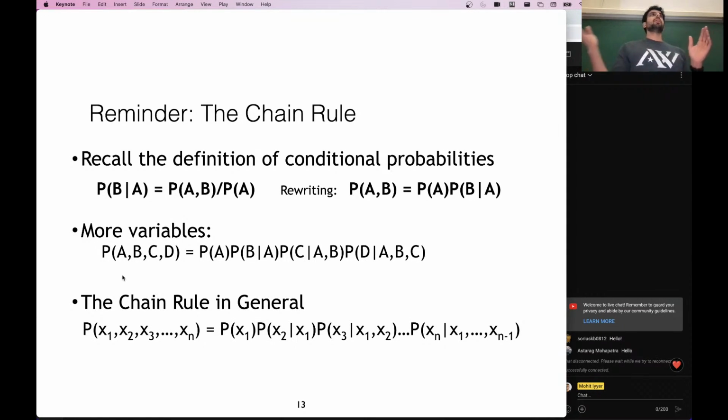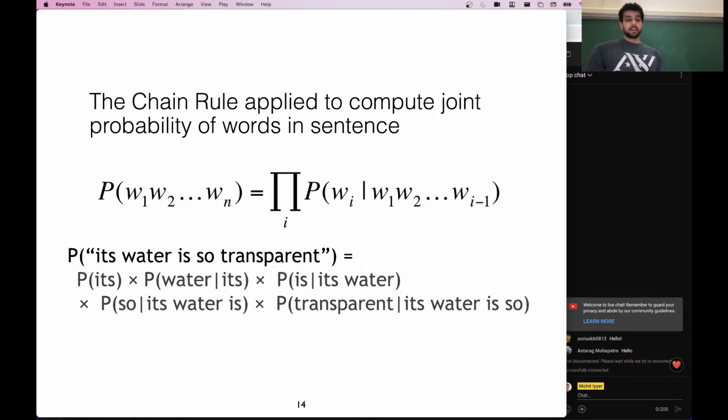You've probably all seen this equation before in various math classes. P(A, B, C, D), this joint probability, is equal to the probability of A times the probability of B given A, the probability of C given A, B, and so on, for as long of a sequence as you want. And so we can apply this to the problem of language modeling.